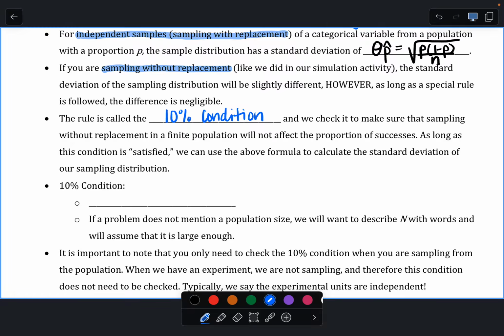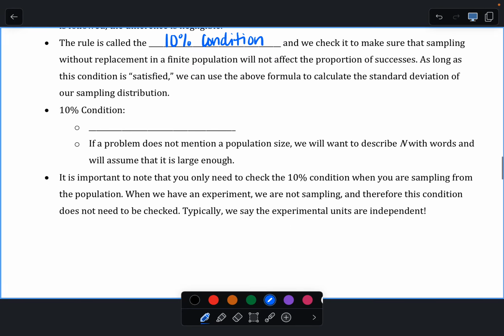And so within the 10% condition, you are verifying that we have sample size less than or equal to 10% of population size. And I will put that in words just so that my people who need to see it in words can get a better idea. Sample size less than or equal to 10% population size.